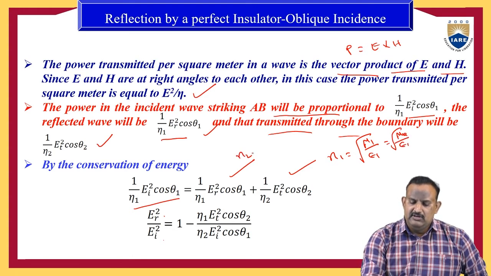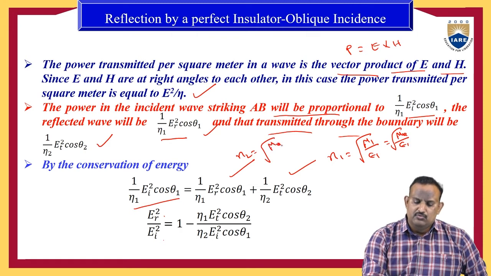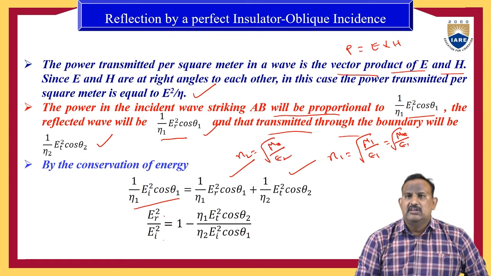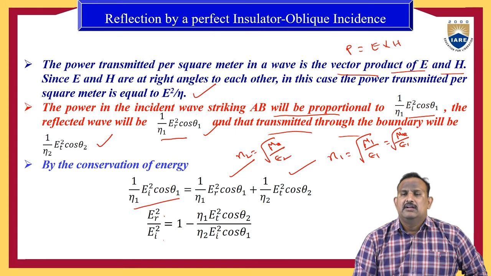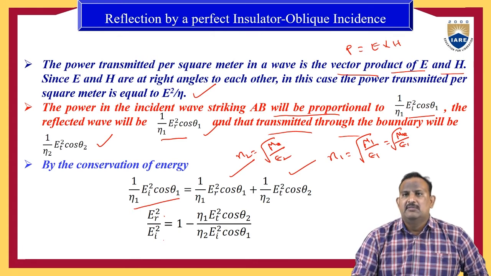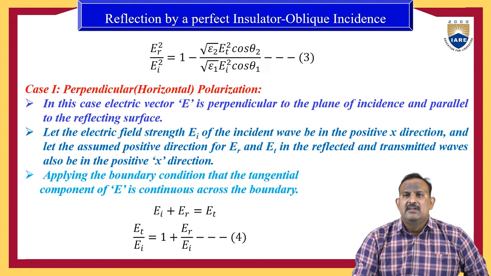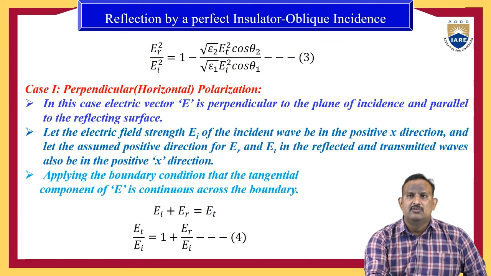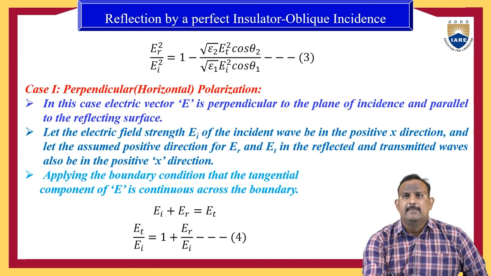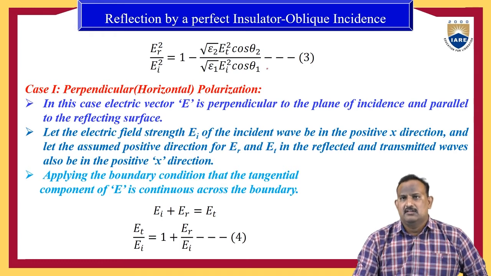Similarly, in place of eta 2, root of mu v by epsilon 2. So if you substitute eta 1 by eta 2, we have root of epsilon 2 by root of epsilon 1 into ET square by EI square, same as the previous one, into cos theta 2 by cos theta 1.